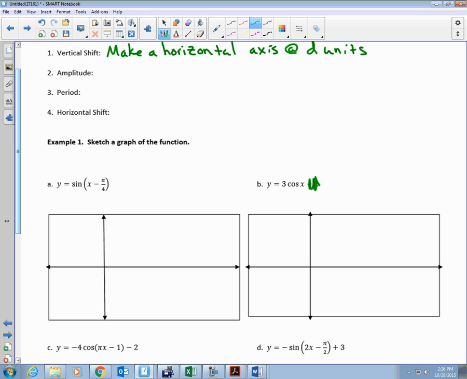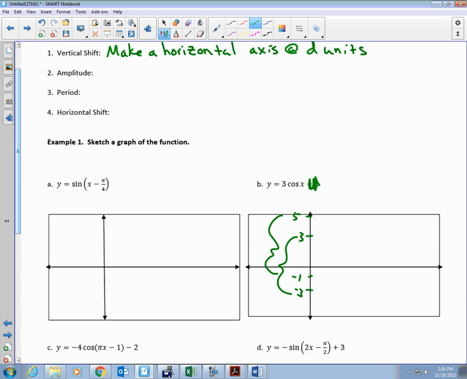What would be the lowest value? But if we add 2, instead of going up to 3 and down to negative 3, what would be the highest? And what would be the lowest? Negative 1 would be wrong here, since everything shifted up 2 units. Do you see that? We take this region and we shift it up to there. We move everything up 2.